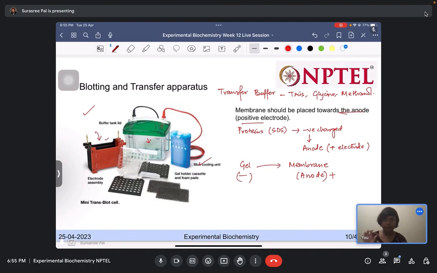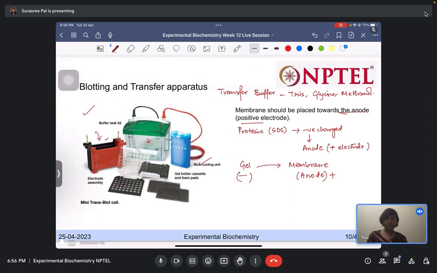So the gel is placed, and on top of that the transfer membrane is placed, and we make sure that we use a roller to roll on the membrane so that there is no air space or bubble between the gel and the membrane.